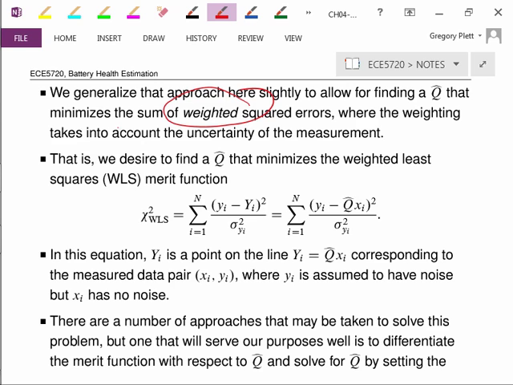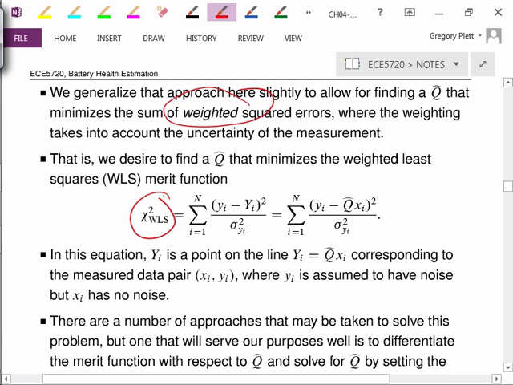We're either maximizing the good, so maximizing a merit function, or we're minimizing a cost. Here we're minimizing a cost, but we still call it a merit function. So chi-squared WLS. The subscript is the weighted least squares. And chi-squared is interesting.